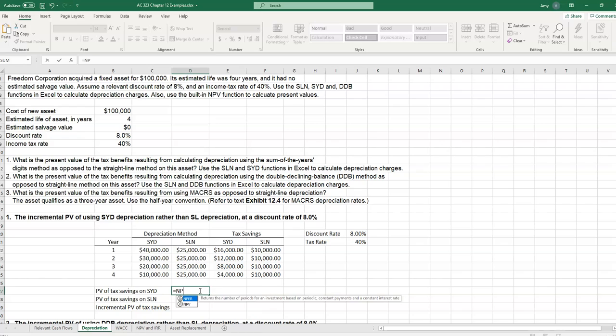So we'll use the net present value function. Our rate is 8%. And then our values, we're doing the sum of years digits here. And then we need to put a 0.